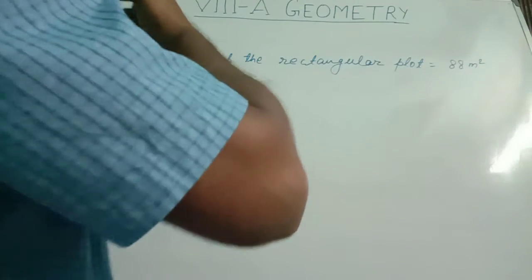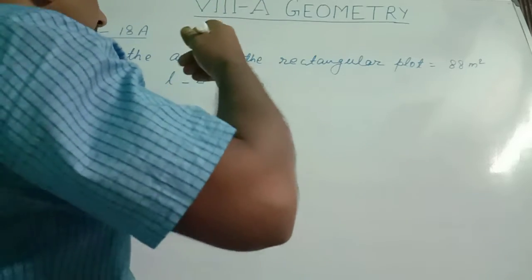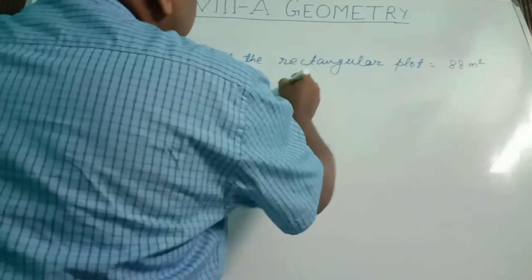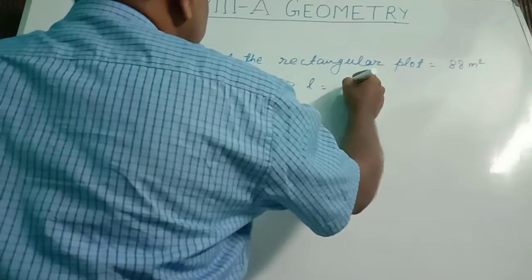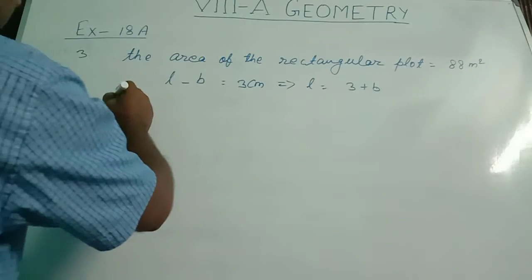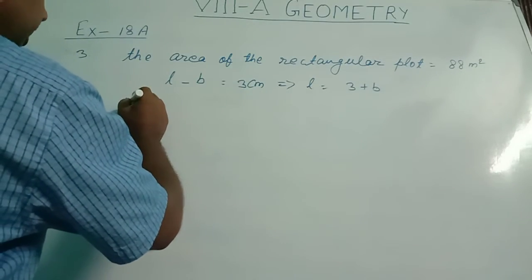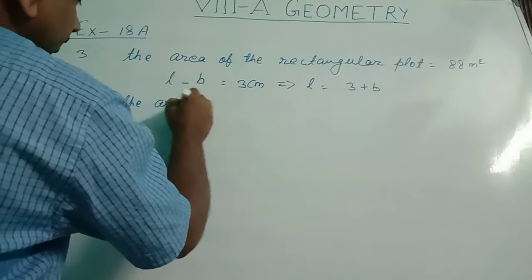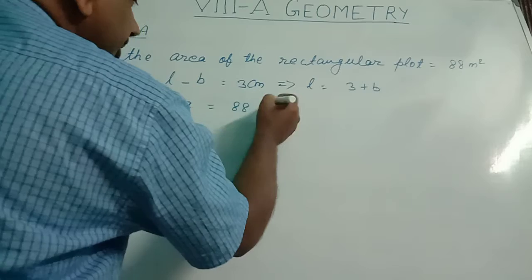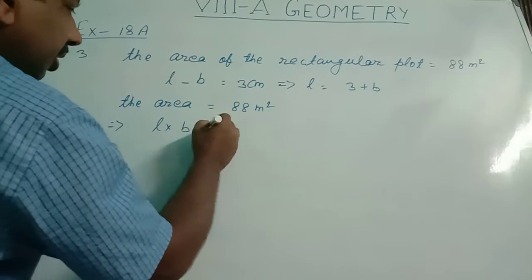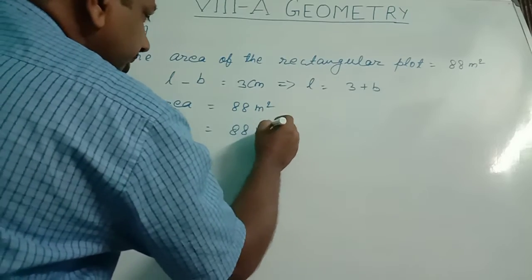As the area of the rectangle is given as 88 meter square and the difference between length and breadth is given as 3, we can write L equal to 3 plus B. Now for area we use the formula L into B equals 88 meter square.